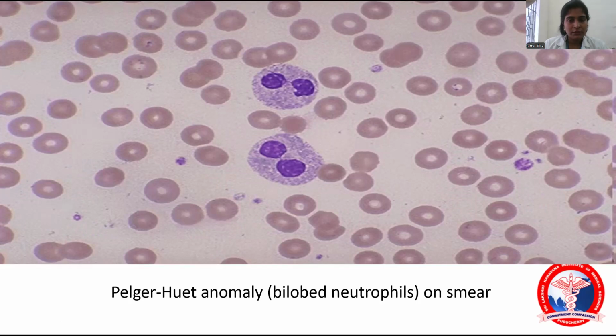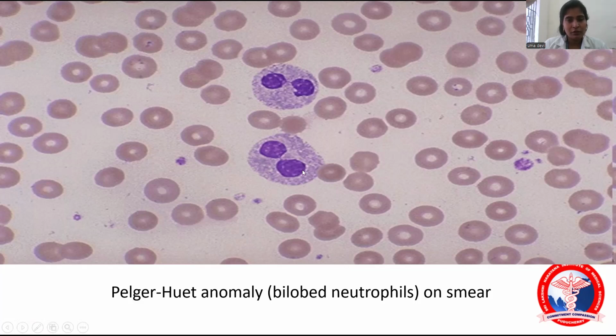So first, what is this Pelger-Huet anomaly here? Can you identify? This also looks very pink, right? And maybe you can certainly get confused with what cell? Yes, eosinophil. But if you compare, the granules are small, purplish, fine.